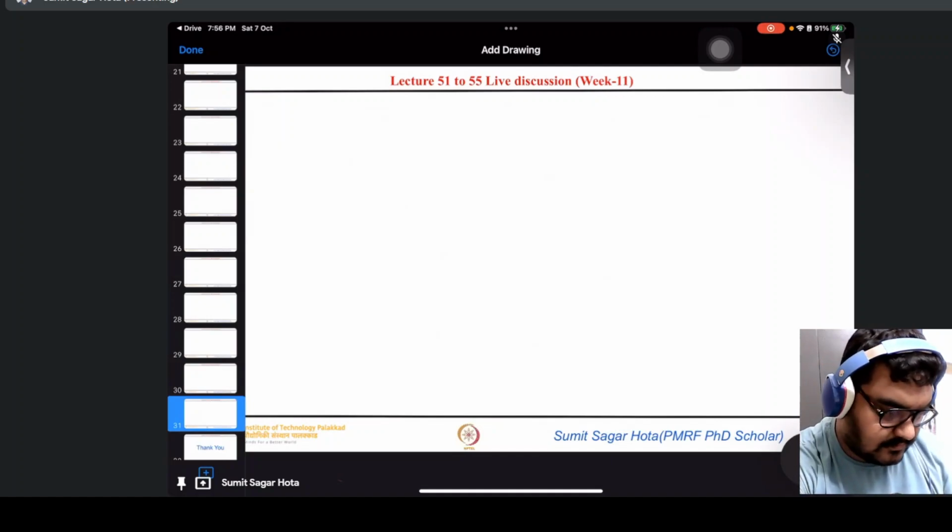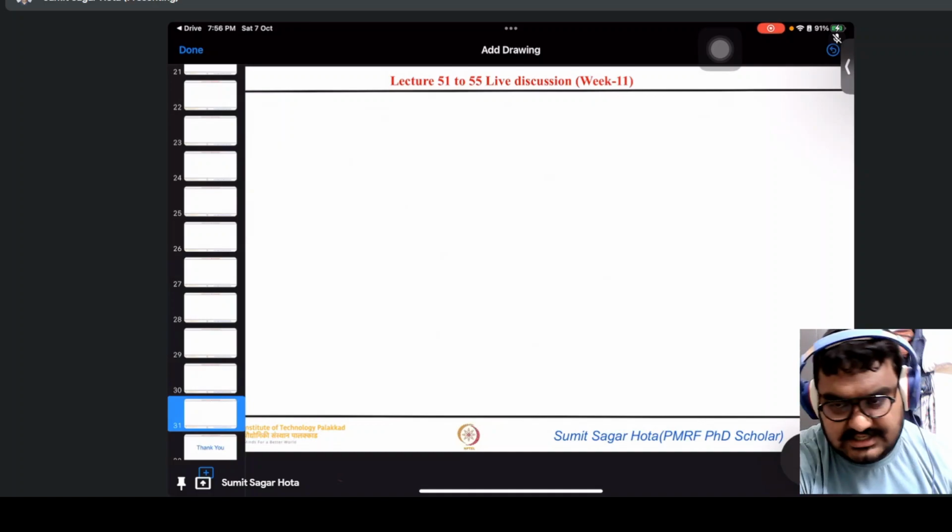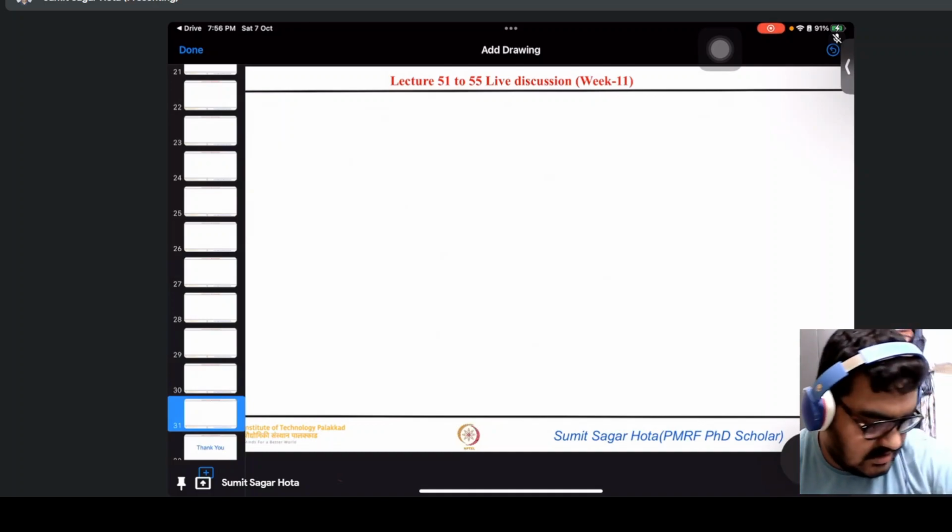If you know the density, that means you can find out the mass flow rate. Yes or no?